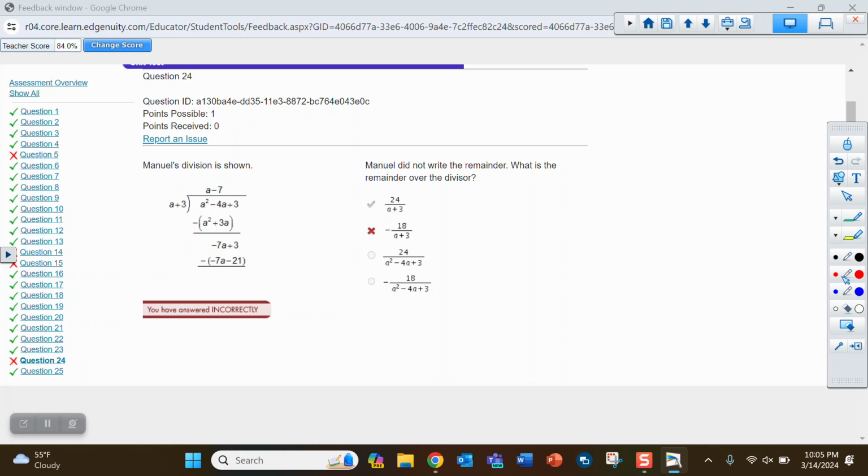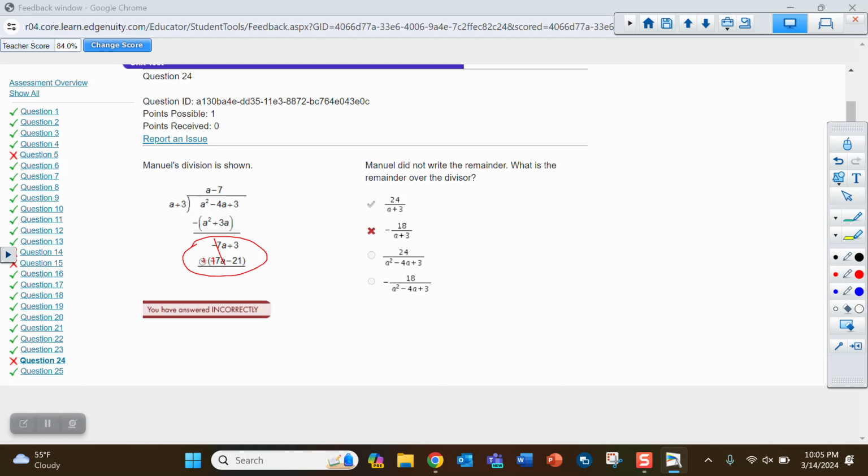On this last question, we were dividing polynomials. So in this one, it's asking what's the remainder over the divisor, so we're really just calculating this last step here. But remember you're subtracting the binomial, so when I take a -7a and subtract a negative, that's actually like adding a positive, and so those are going to cancel.